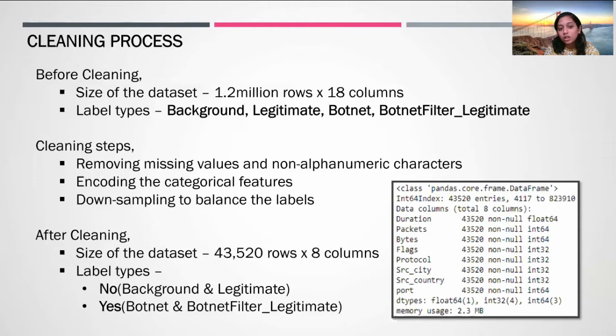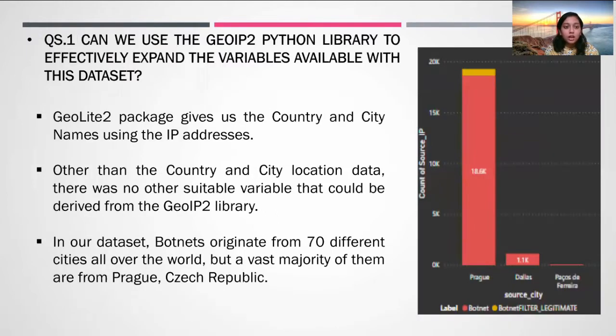So this might cause some skewing or imbalance in the models in future. So we downsampled them to 2 categories, and the size of the dataset is reduced to 43,000 rows and 8 columns. Now we move on to the 5 important questions in our project.